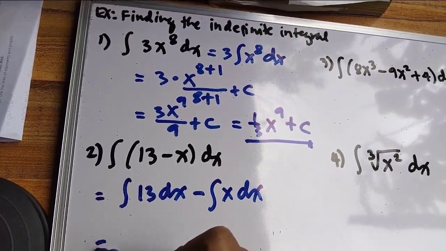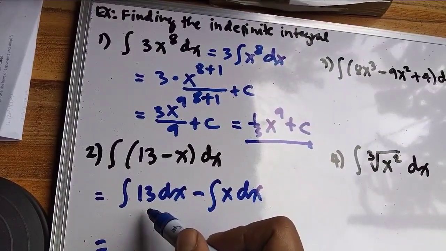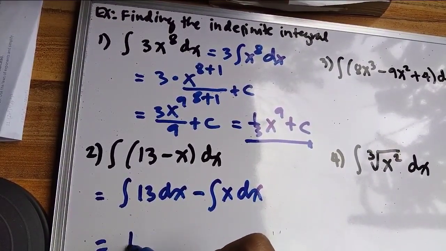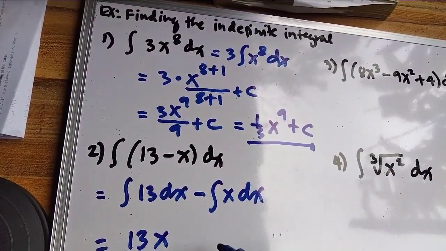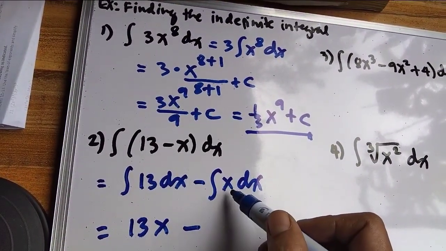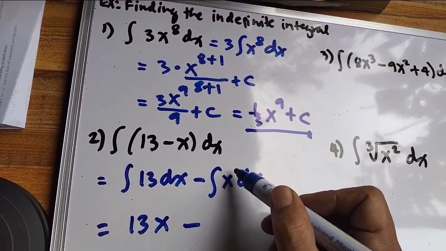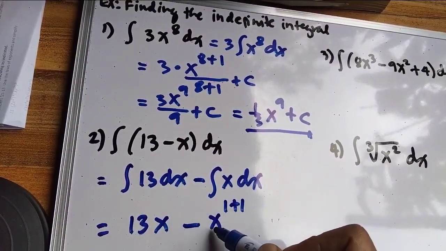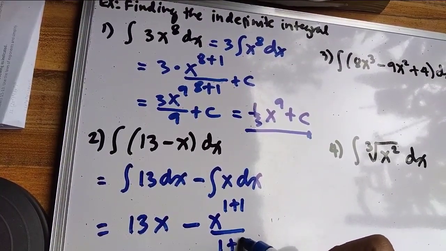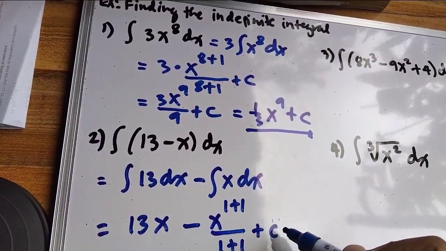So, what's the integral of 13 dx? That is the integral of a constant, so simply you have 13x. Correct? Minus, what's the integral of x? x here has the exponent of 1. So that is x to the 1 plus 1 over 1 plus 1, plus c.